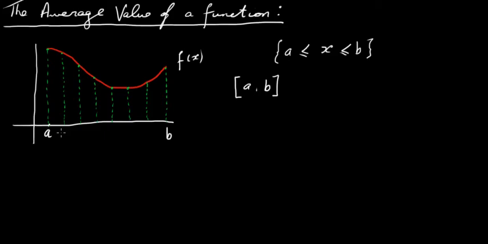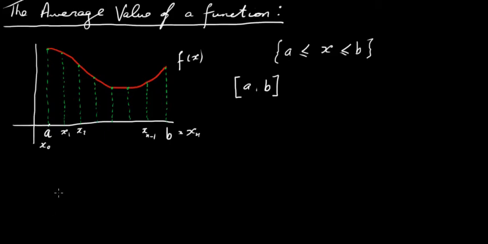This is x1 here, this is x2, and so on, and this is xn minus 1 here, and my b here would be xn. This is x0 here at a.